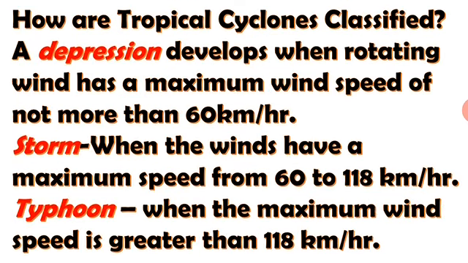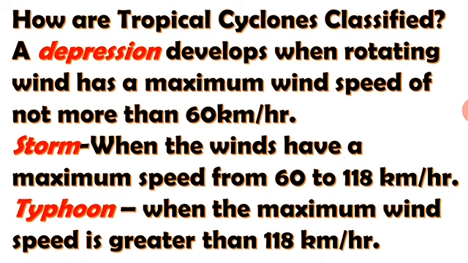How are tropical cyclones classified? We call it a depression when the rotating wind has a maximum speed of not more than 60 km per hour, a storm if it is 60 to 118 km per hour, and a typhoon when the maximum speed is greater than 118 km per hour.